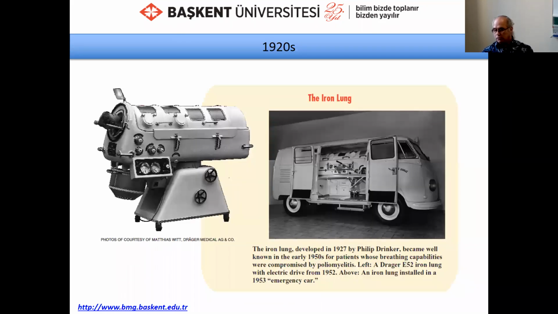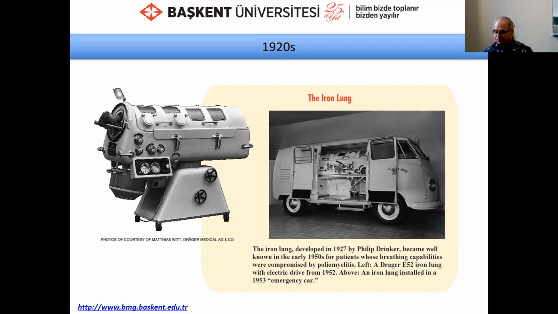Afterwards, when we came to the 1920s, we can see the iron lung. Actually, it was produced for patients whose breathing capabilities were compromised by poliomyelitis.